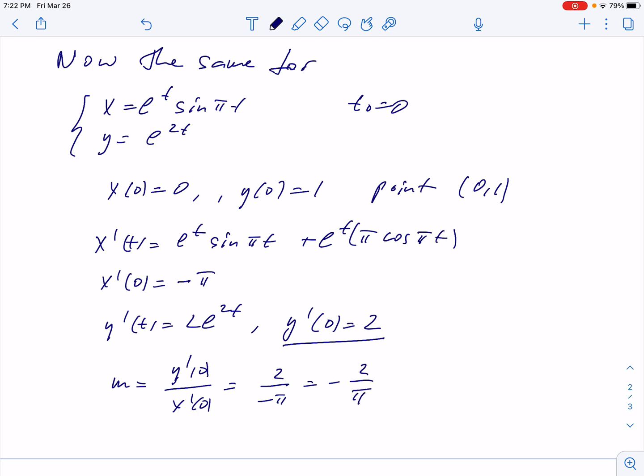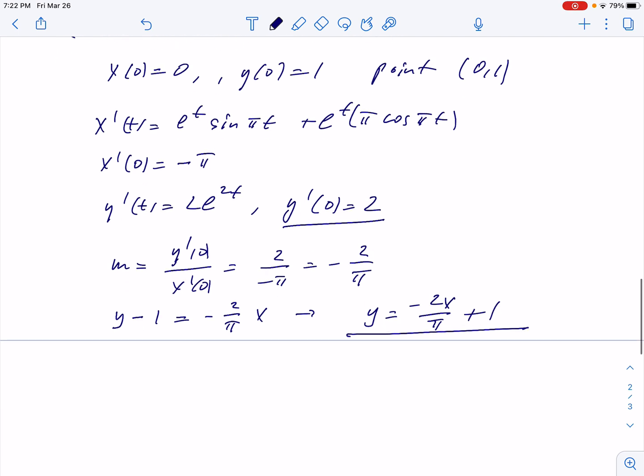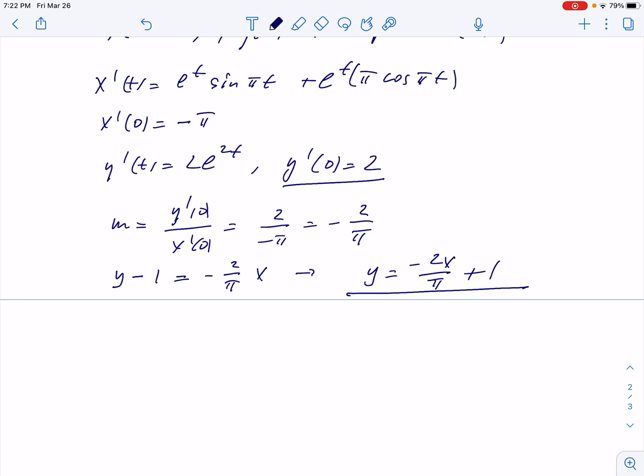And the equation of the tangent line: y minus y0, which is 1, equals the slope times x minus x0, which is 0, so just x. We can write it y equals 2x over pi plus 1. This is our tangent line.